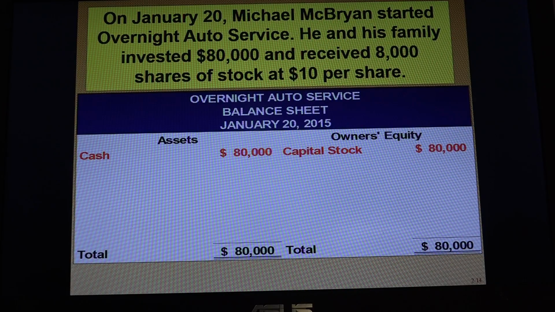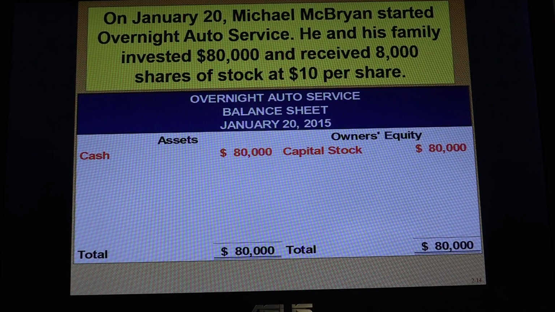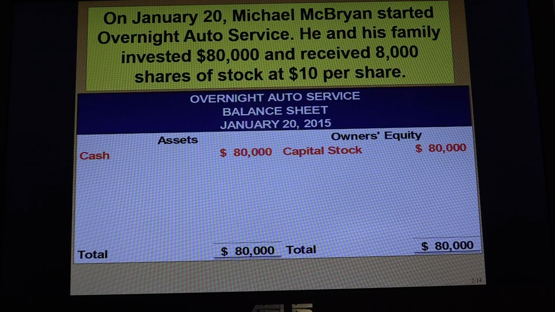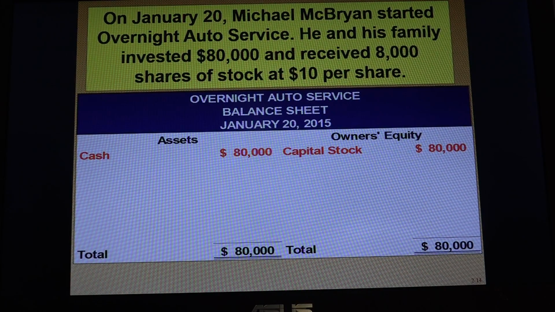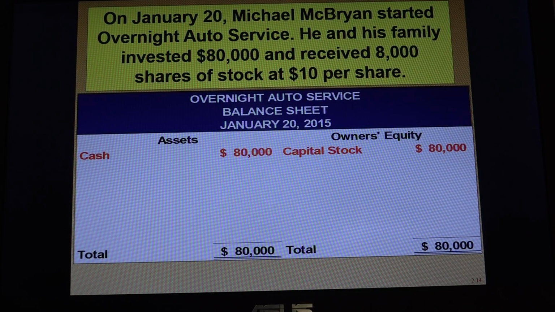It's a denomination of ownership. And note that in this case, as in all cases, the amount given, the $80,000, equals the number of shares multiplied by the value of each share.